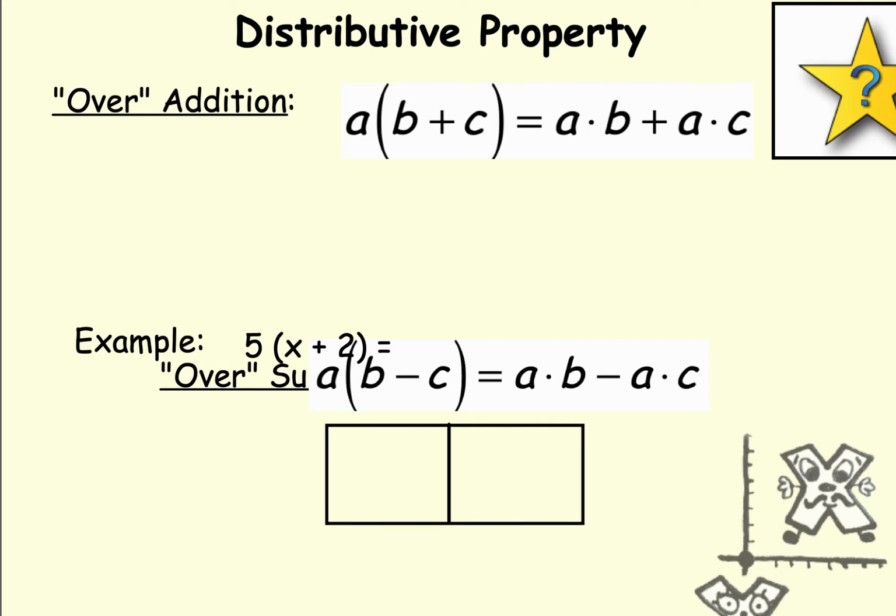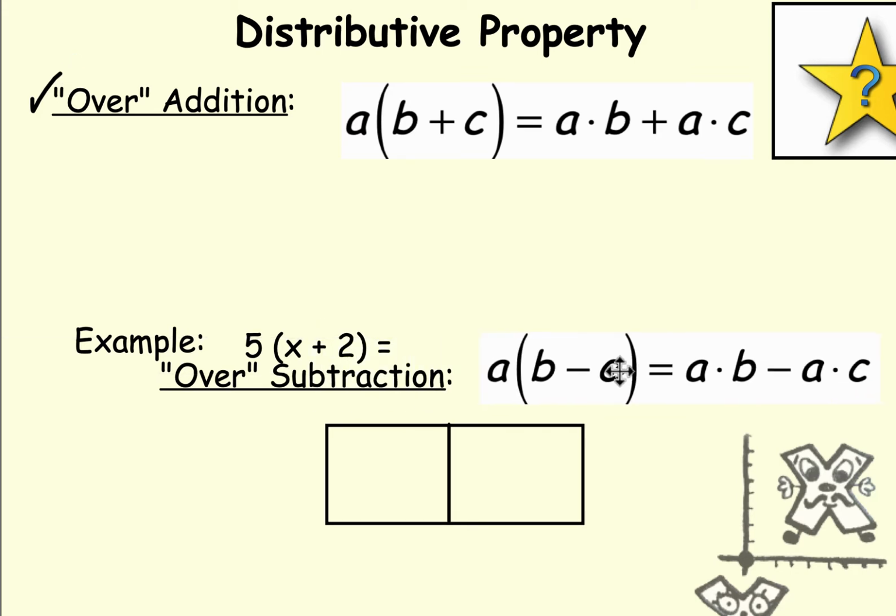In this lesson, we're going to discuss the distributive property. When we're talking about the distributive property, it can be done over addition, or it can be done over subtraction.